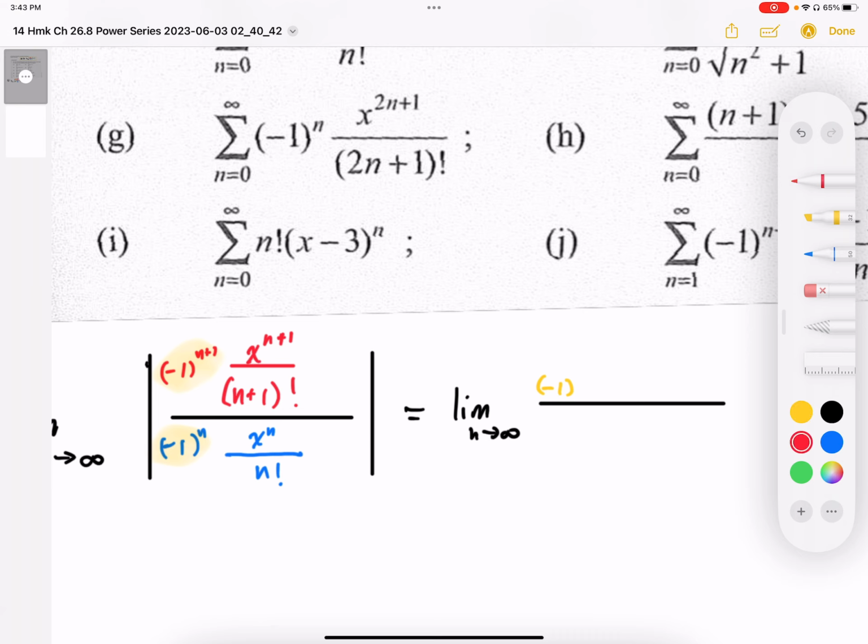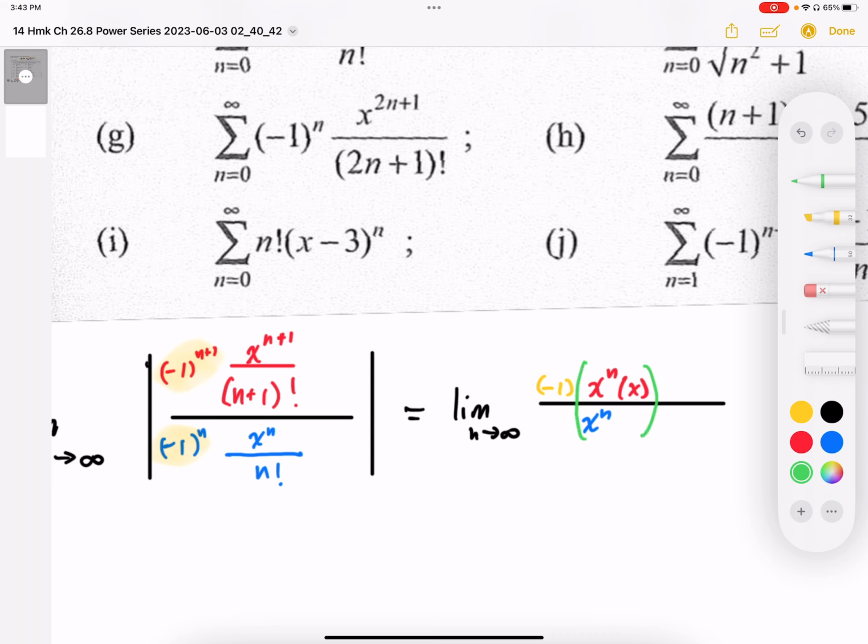Okay, I'm going to group my x's, so I'm going to have x^(n+1), with my extra x here, and I'm going to group that with x^n. Okay, so that's going to get grouped together.